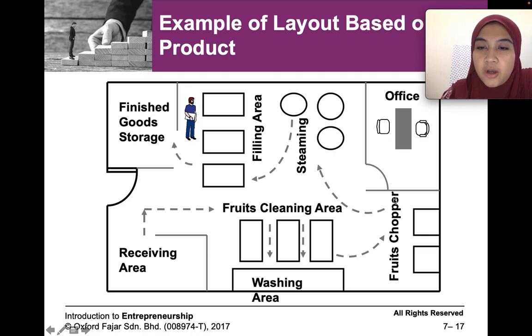After chopping the fruit, transport the fruit into the steaming area. After the steaming area, transport the fruit into the filling area, and last but not least is the finished goods storage to keep the fruit jelly that has been done. So that is the processes involved in the layout based on product.